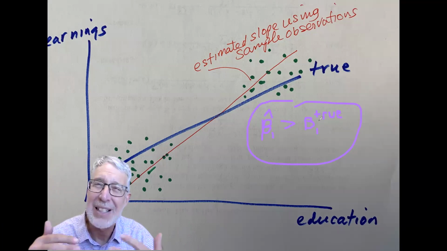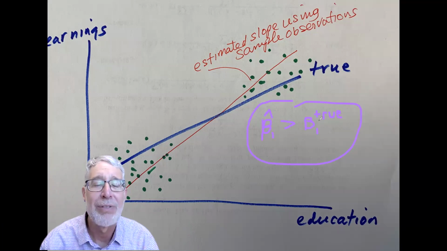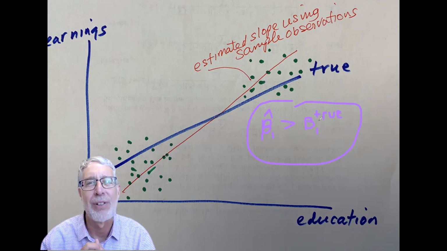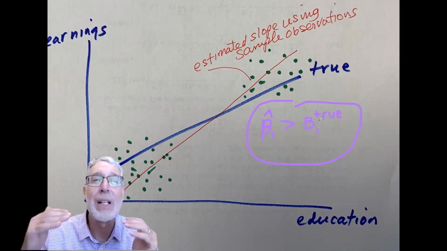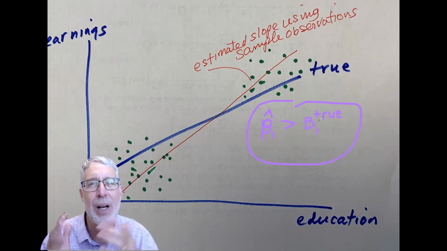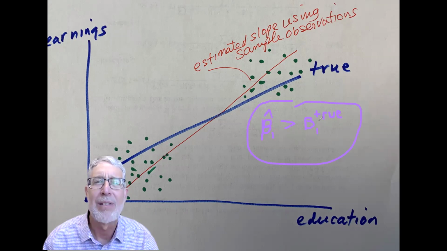So education doesn't actually matter as much as we thought it did. Our estimated coefficient is biased. In this case, it's too large. It makes it look like education matters a lot for earnings. Sure, education matters, but not as much. The true slope is flatter than our estimated slope. That's how we work through the direction of the bias in this first very simple case.